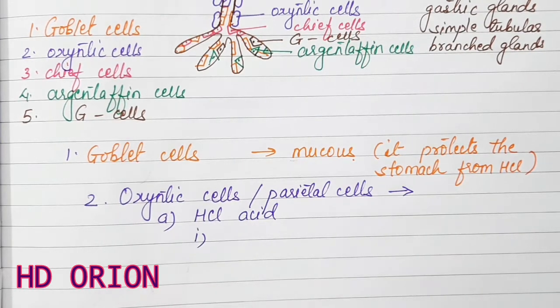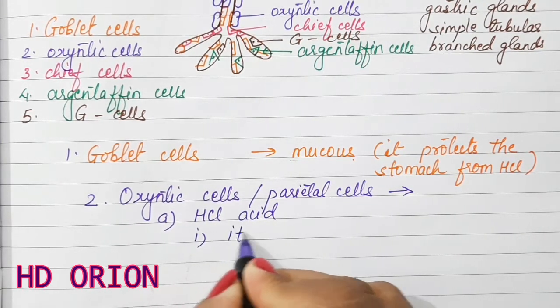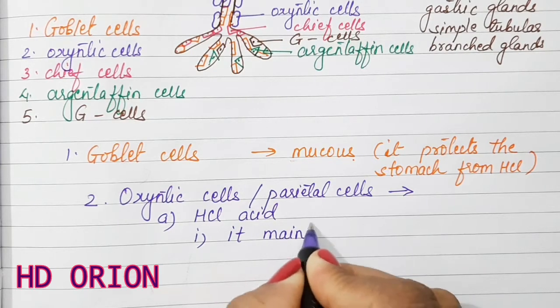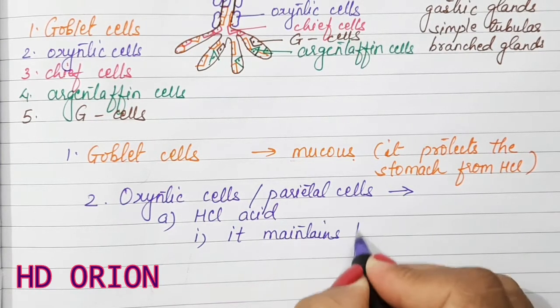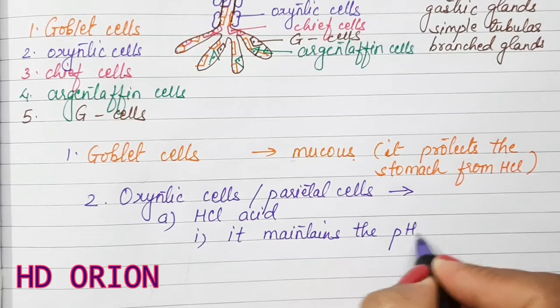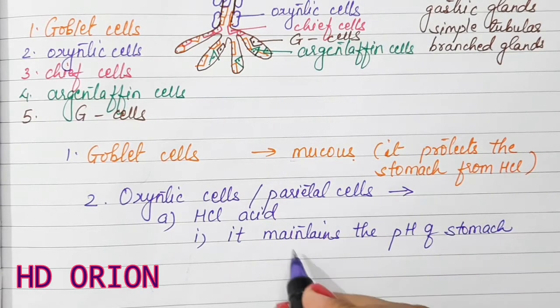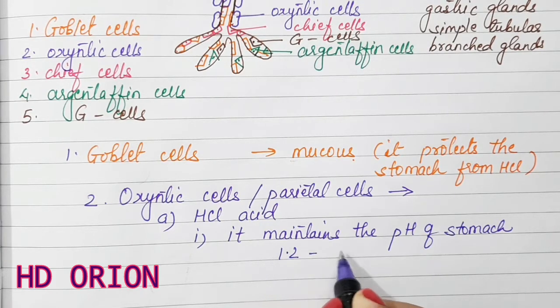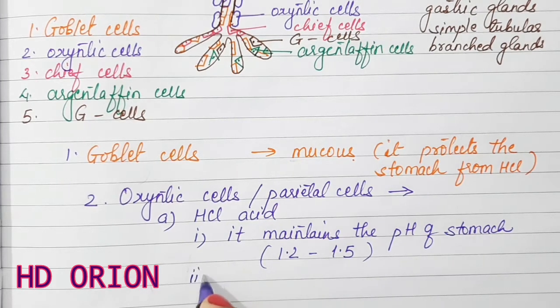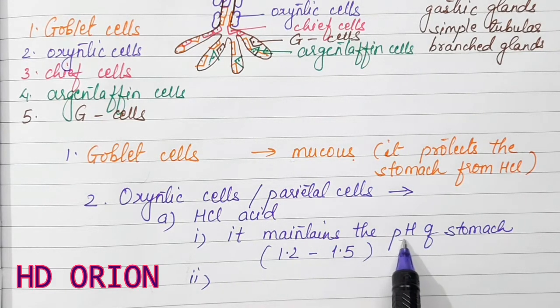The first function of HCl is that it maintains the pH of the stomach. It keeps the stomach's pH around 1 to 2, to 1.5. This is highly acidic. So any type of microbe which enters inside will get killed by the acidic content. So the HCl helps in maintaining the pH which is necessary for the activity of the enzymes.